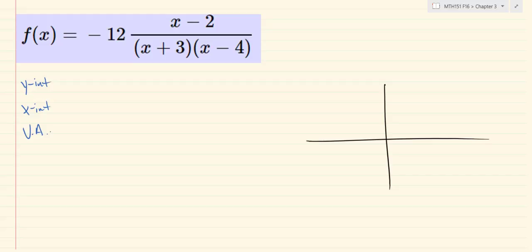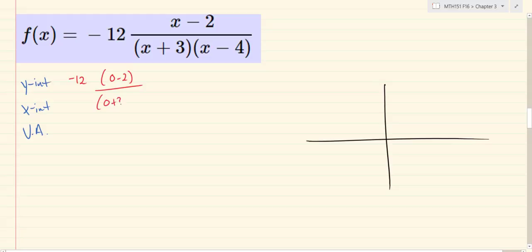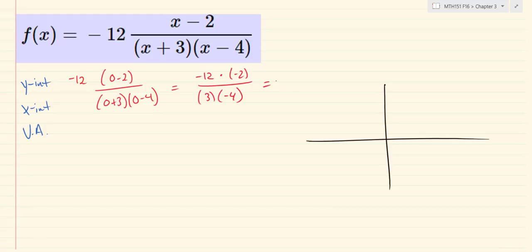All right, so y-intercept. What we need to do is plug in a 0. So we're going to say negative 12 times 0 minus 2, divided by 0 plus 3 times 0 minus 4. And again, I really don't care about the numerical value. I don't care if this is 2 or 222 billion.